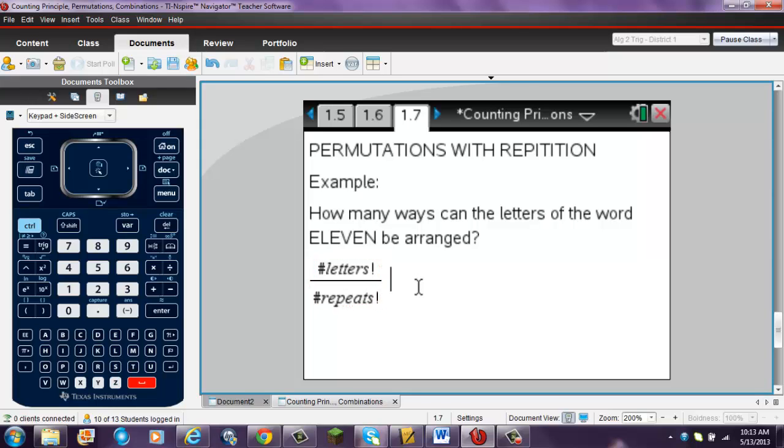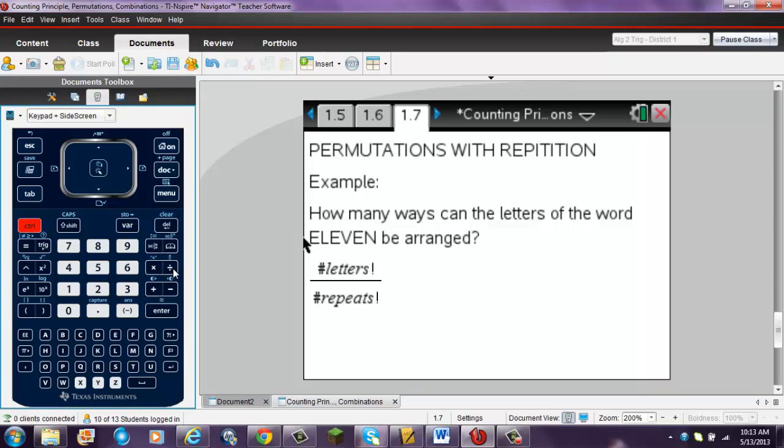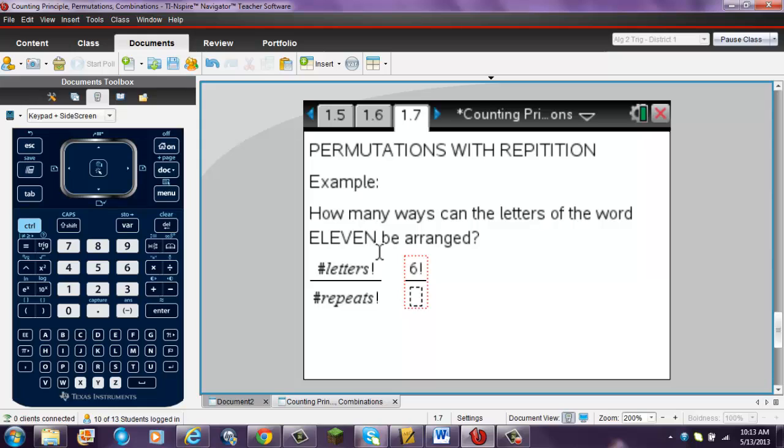So for example, in this problem, "eleven", there are 6 letters. So I have 6 letters, I'll factorial that. And there are 3 E's that are repeated. So I'll divide out those 3 repeats. Now for review of factorial, those exclamation points don't mean that they're excited 6's and 3's.